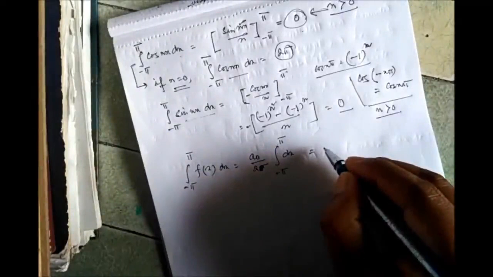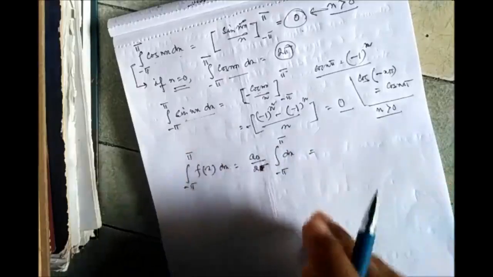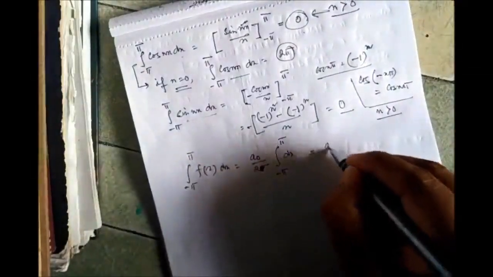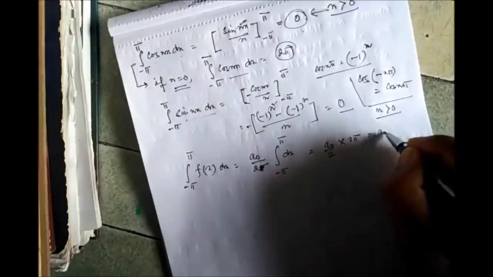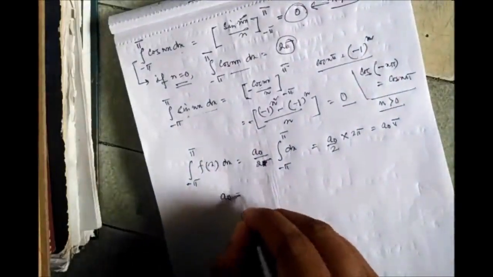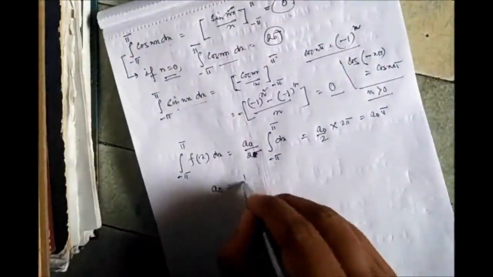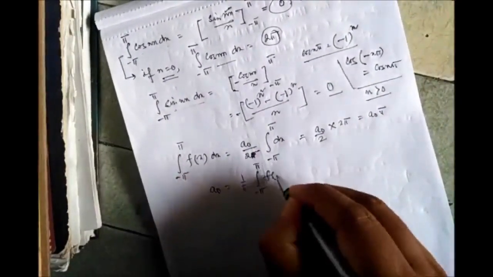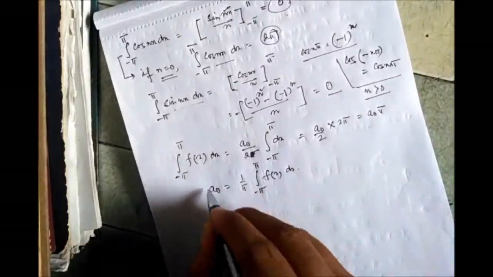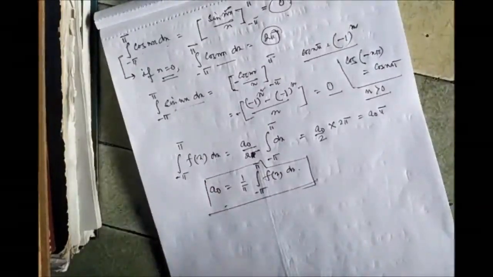So this will be a0 by 2 into twice pi, so a0 times pi. So in reverse, I can find out the value of a0, which is this.